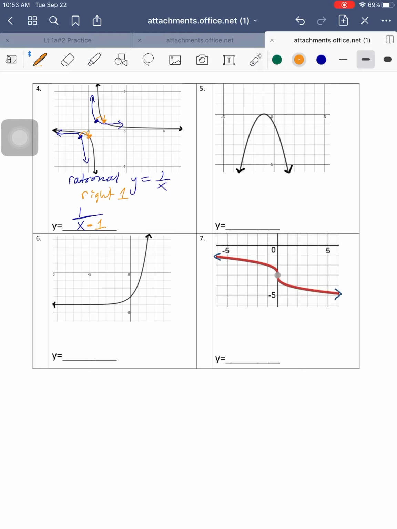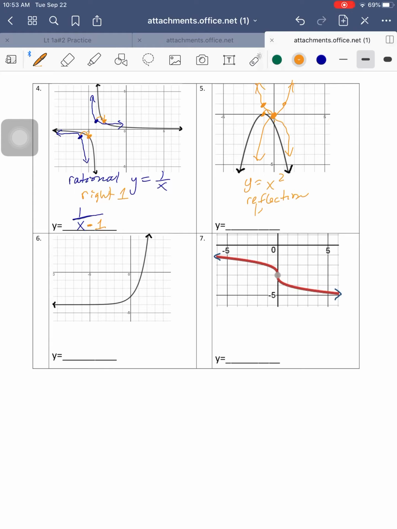All right, number 5. So we have a quadratic. So it's y equals x squared. Looks like we have a reflection, upside down. And the vertex is what I typically look at for the key coordinate. And the vertex, when it got flipped upside down, well, that's pretty ugly, but I'm still looking at the vertex here.